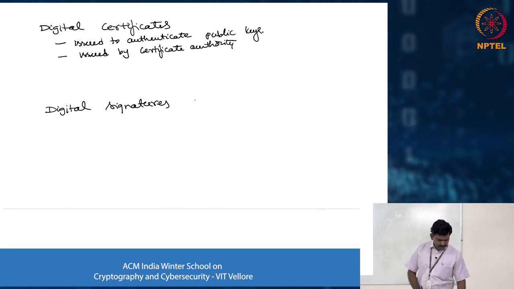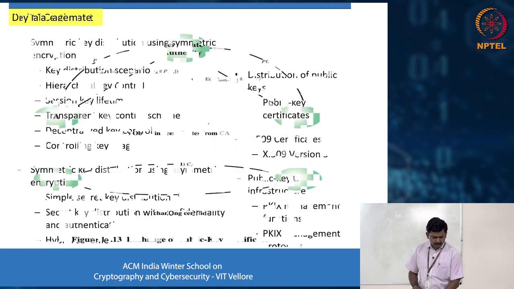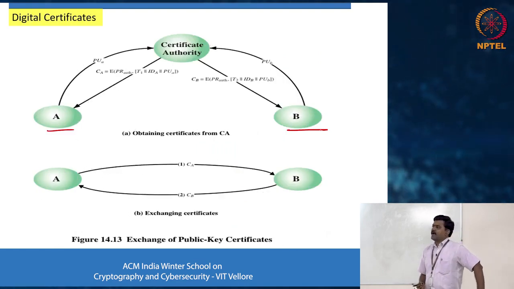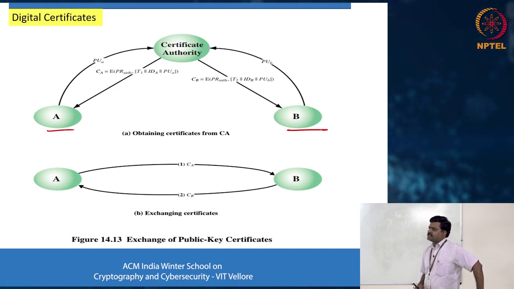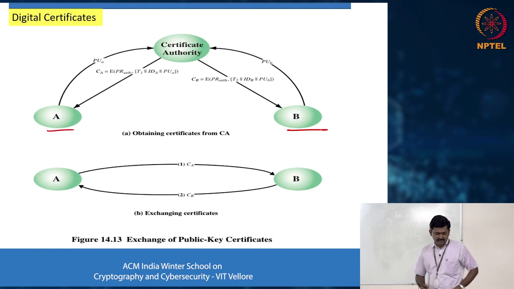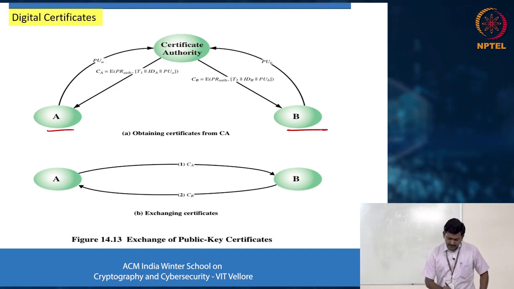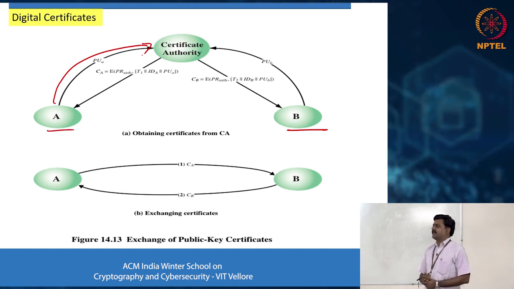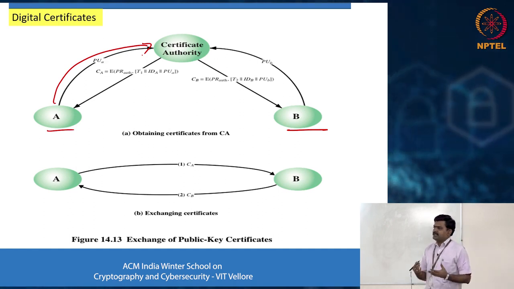Okay, so see the scenario. Alice wants to talk to Bob. So Alice wants to know what is the public key of Bob. What will Alice do? Alice will ask the certificate authority, first of all, please give me a certificate.